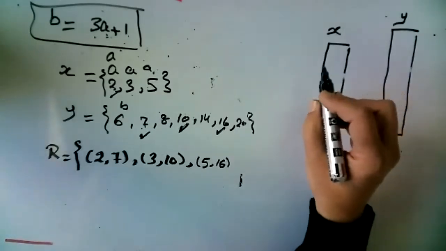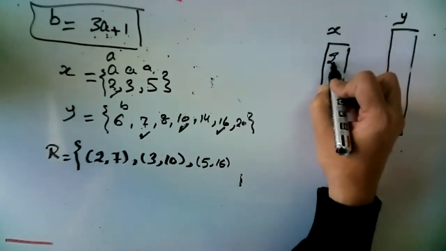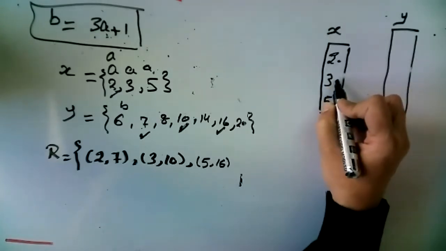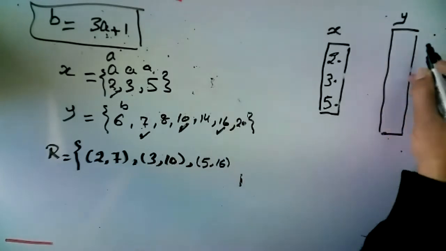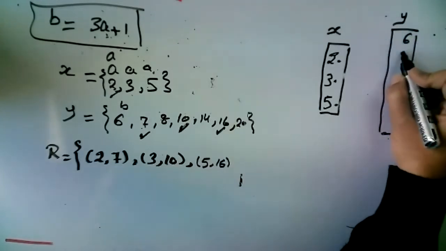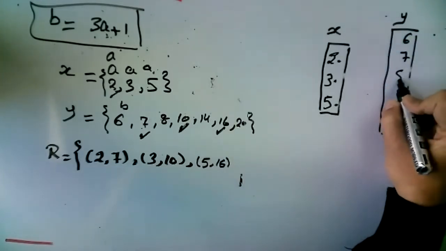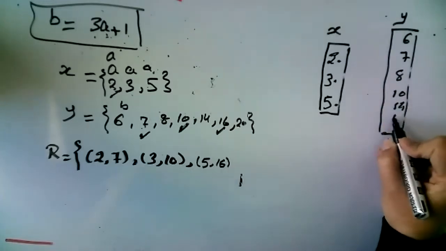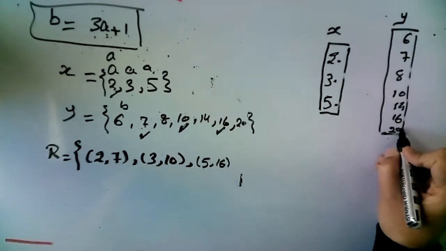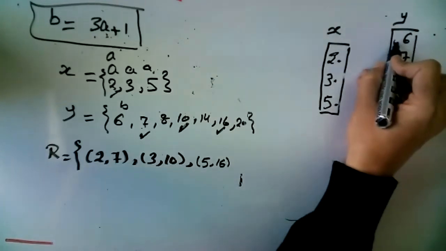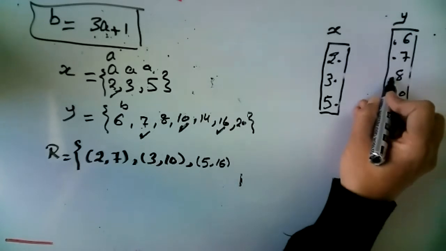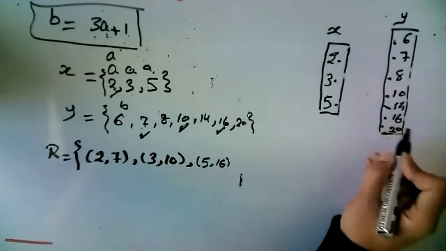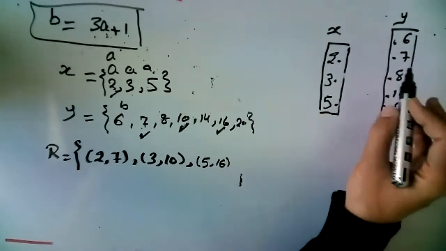The set x: 2, 3, 5. The elements of the set y: 6, 7, 8, 10, 14, 16, 20.